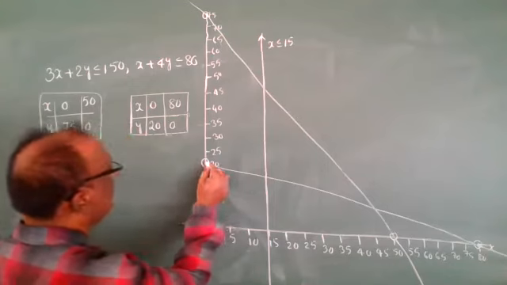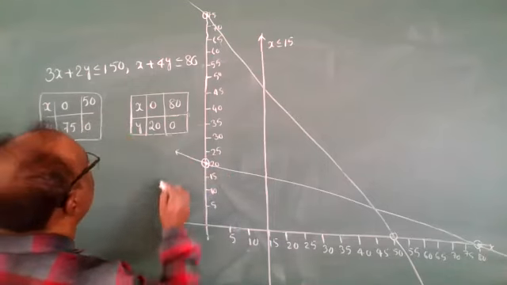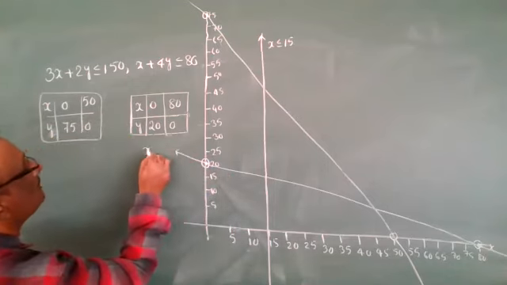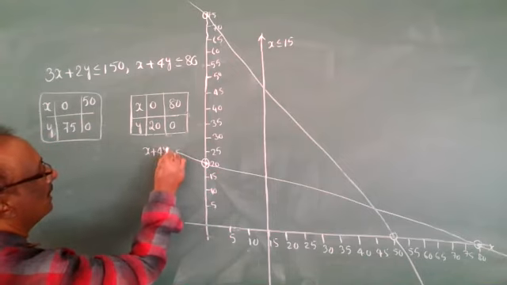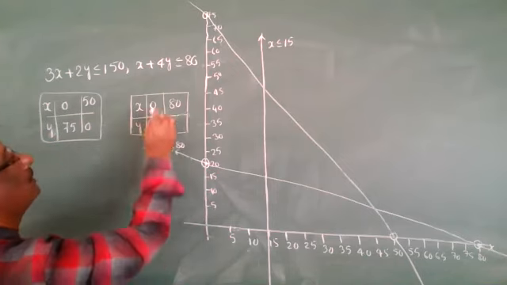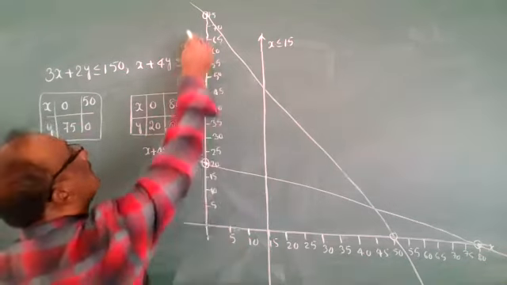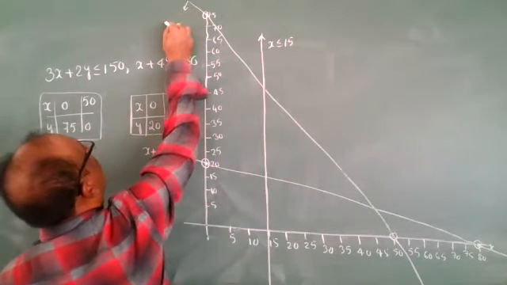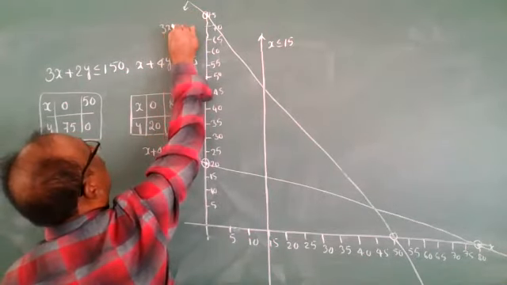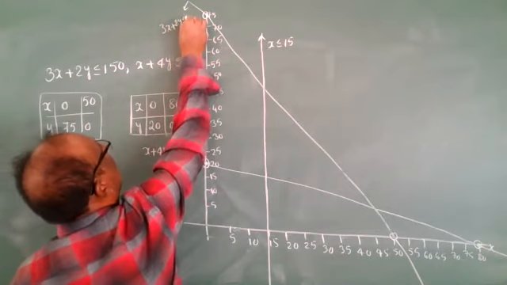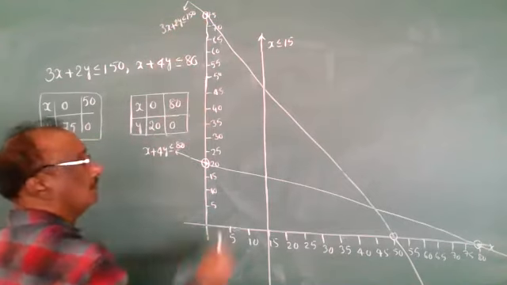This equation is x plus 4y less than or equal to 80. This equation is 3x plus 2y less than or equal to 150.